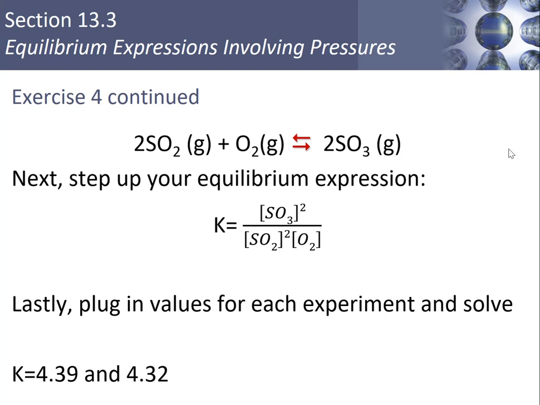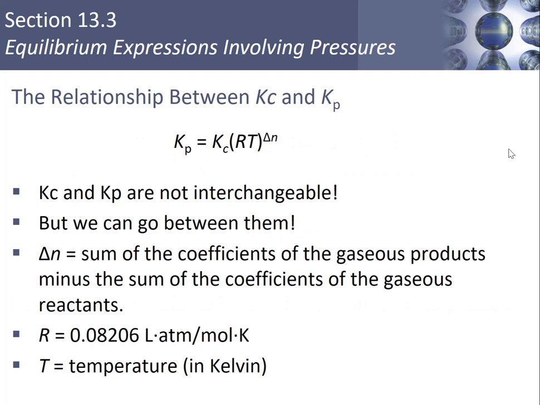All right, so we can do Kp and we can do Kc. It'd be pretty cool if there was a way that we could relate the two. Well, we're in luck. So they're not the same, but we can go in between them if we know a few things. So what we need to know is the moles of the reactants and the products.